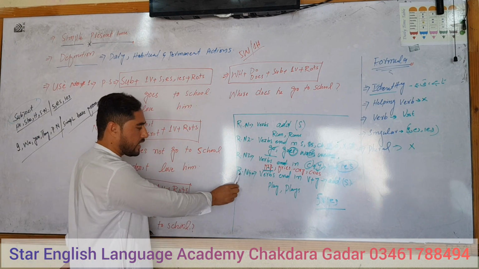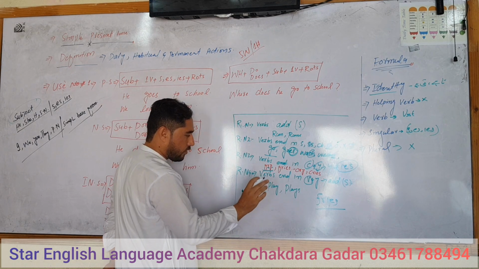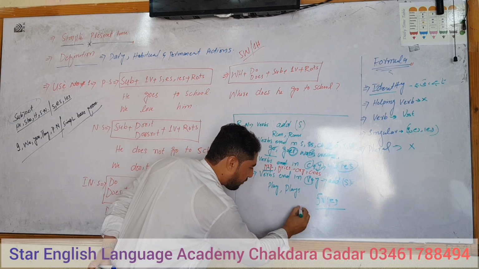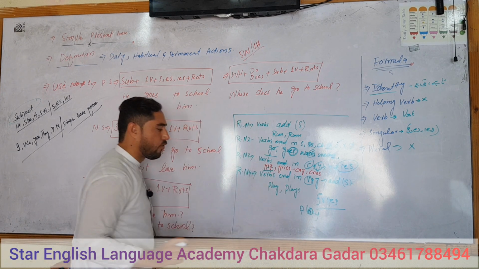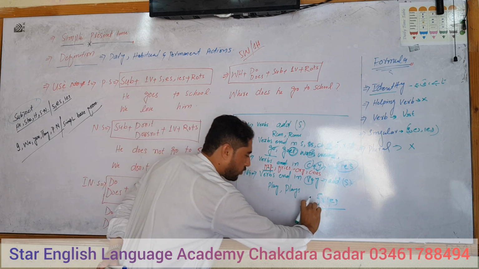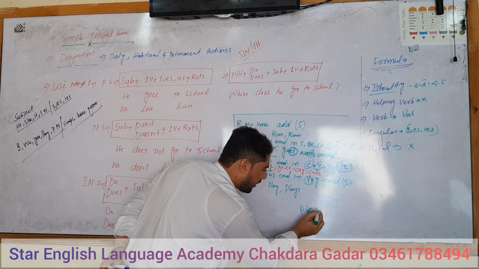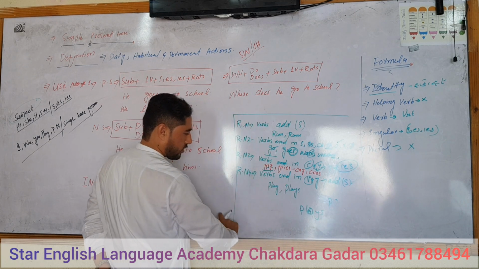And the fourth one is when the verb ends with vowel plus y. For example, here I wrote play, so the a is a vowel letter, so vowel plus y, so we will never remove the y, we will just add s, like here I wrote plays.